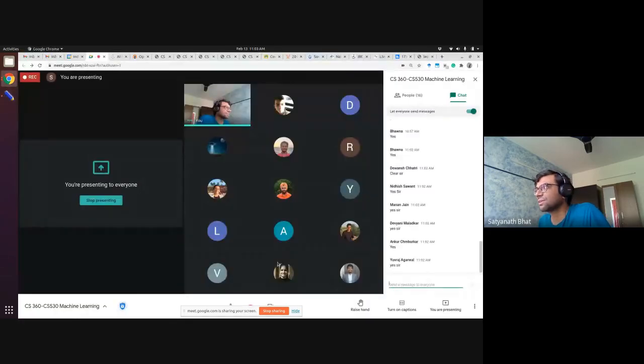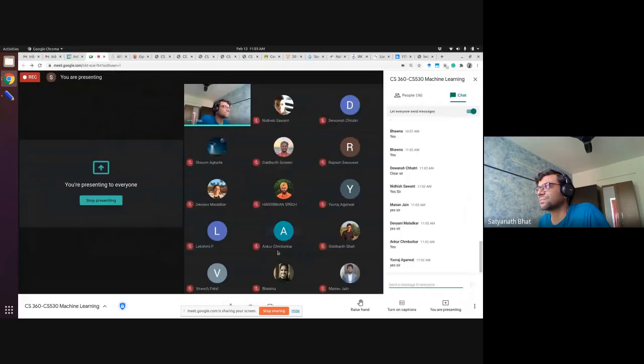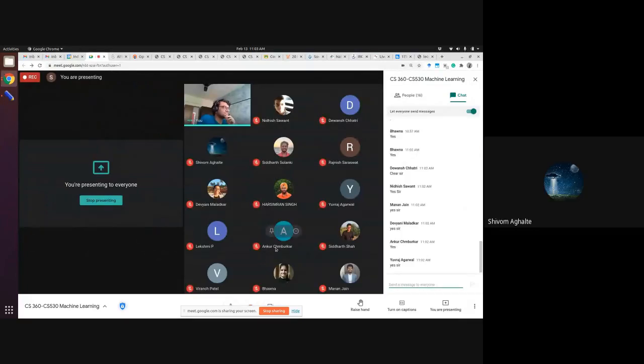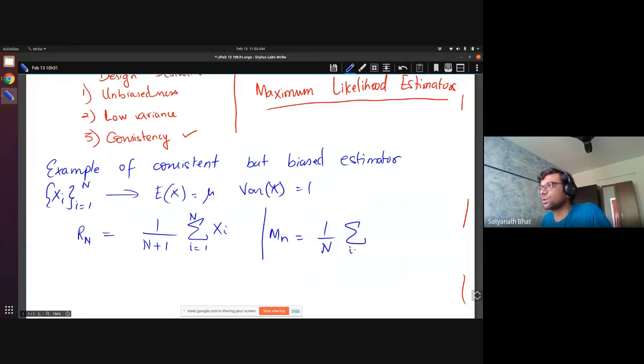What is the difference? This is divided by n plus 1. Yes. So your sample mean had 1 over n summation i equal to 1 to n of x_i, but instead of taking 1 over n, I will take 1 over n plus 1.